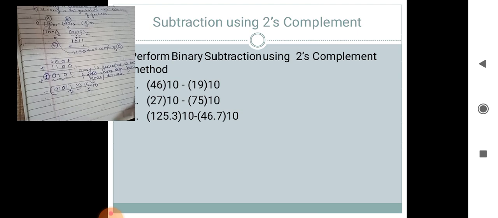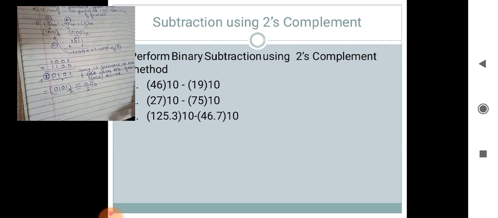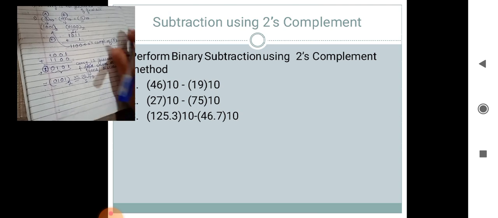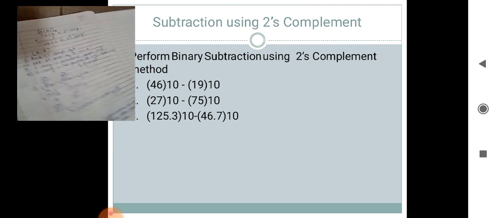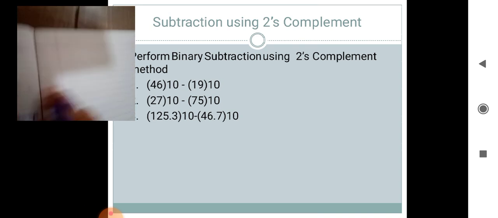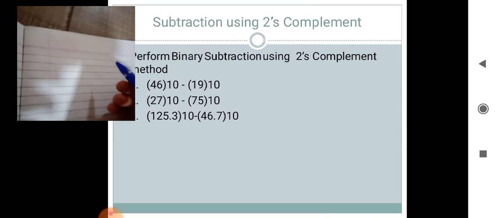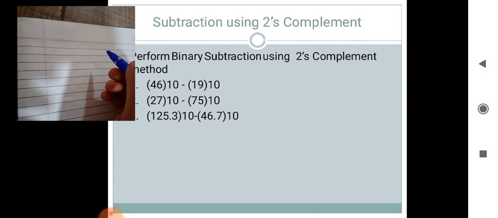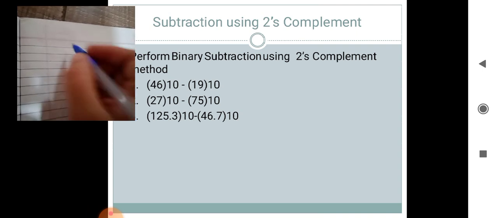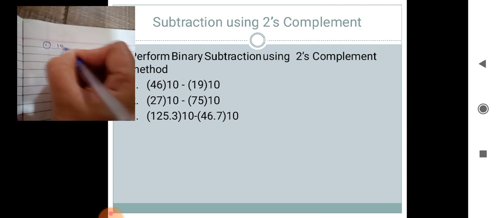So these are some examples given for your practice. We'll see 2-3 more examples so that you can easily understand how to do the binary subtraction using 2's complement. So first we'll see an example.